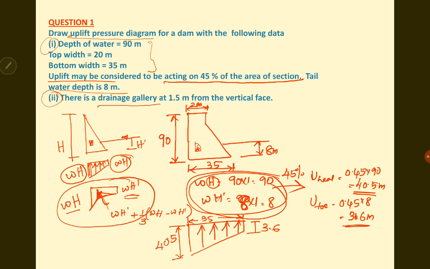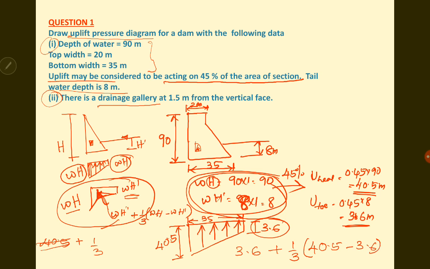The ordinate is given as W into H dash, sorry, here it is 3.6, that is the toe pressure, plus 1/3 of the difference between the heel and the toe, that is 40.5 minus 3.6.